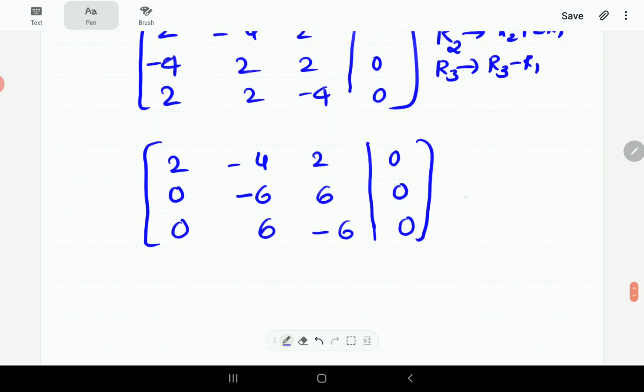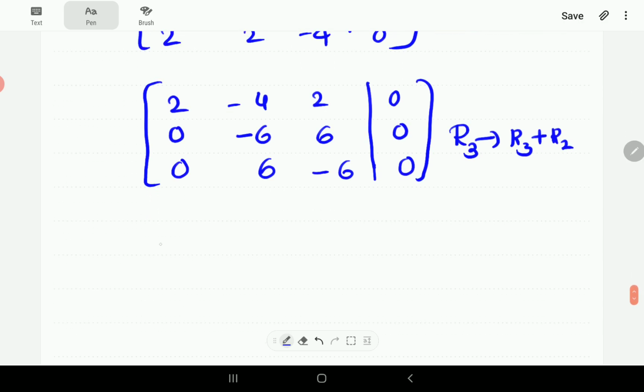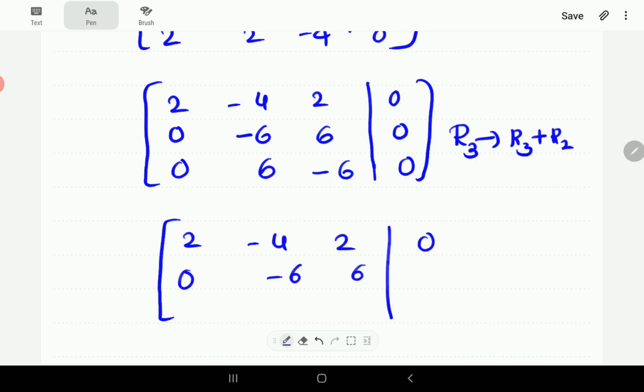Now it's a beautiful matrix again. R3 changes to R3 plus R2. This will give you 2, negative 4, 2; 0, minus 6, 6, 0. When I add 6 and minus 6, it is 0, 0 and 0.